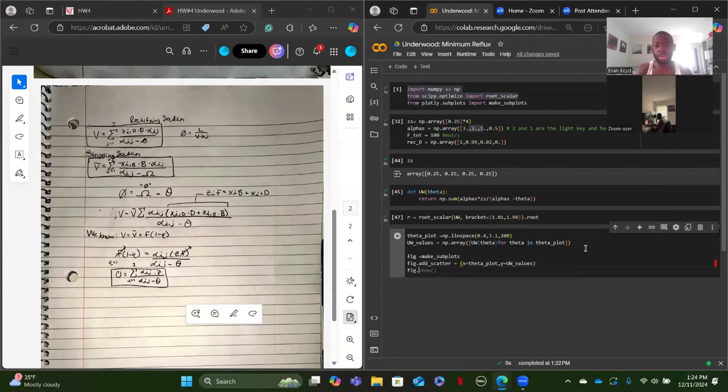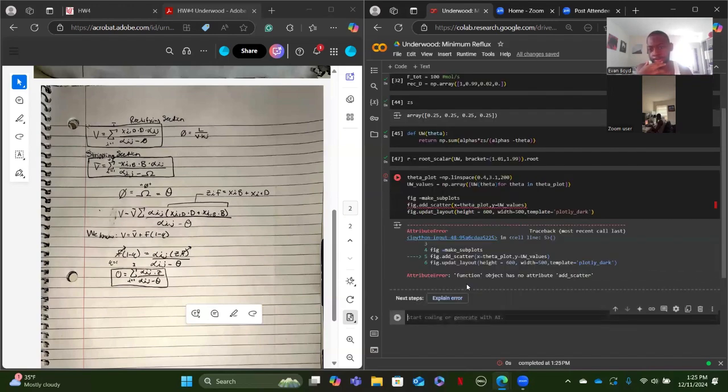And then fig.update_layout, because I don't want to get blinded. Height equal to, let's say, 600, width 500, and then template, of course, our trusty plotly dark. Okay, shift enter.